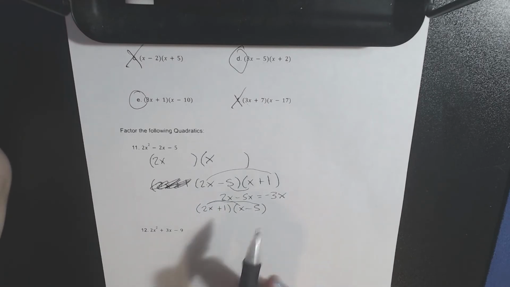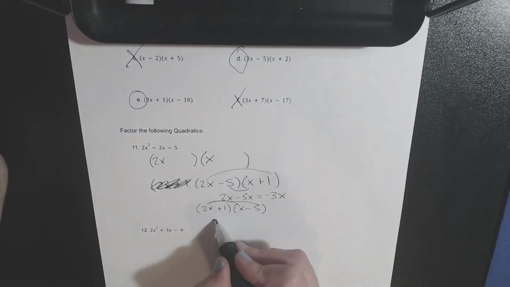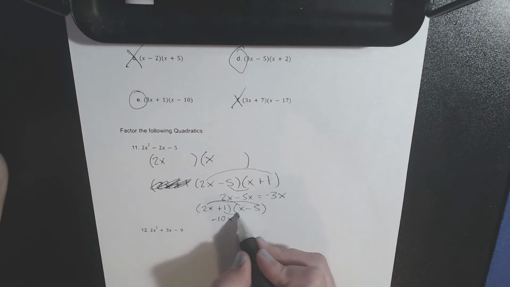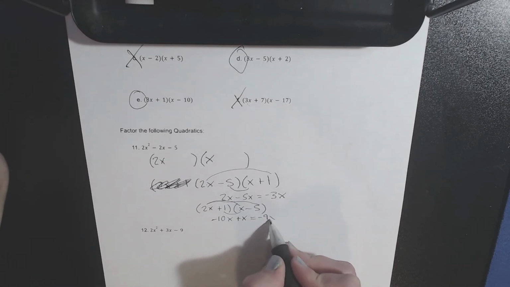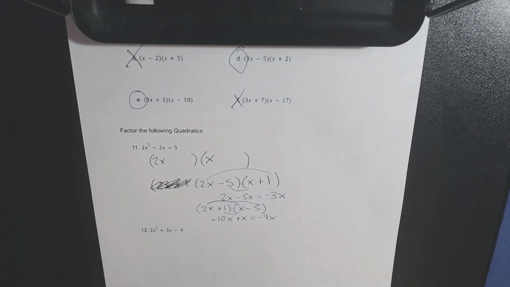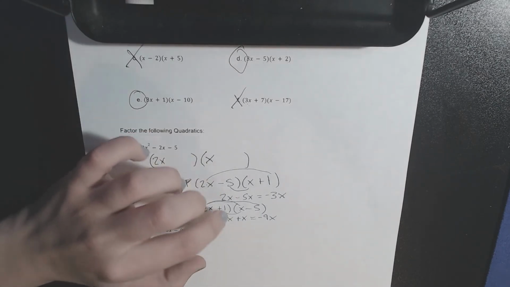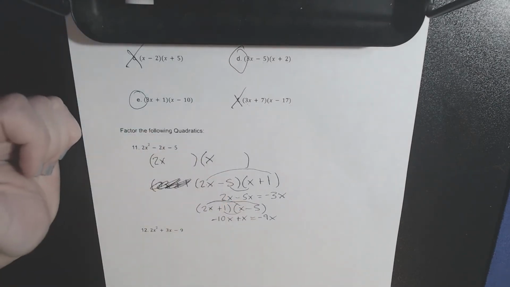We already know we got that. 2x times negative 5 is negative 10x, and then 1 times x is 1x. So negative 10x plus x is negative 9x. So that's not right either, right? We needed negative 2x.